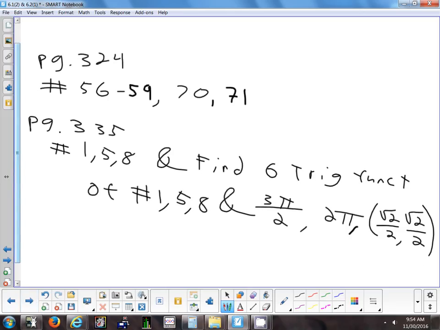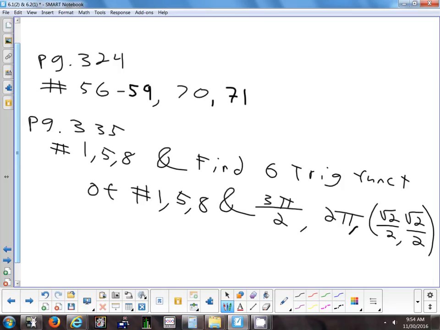All right, so the homework on page 324: I want you to try 56 to 59, 70, and 71. So just 6 questions on that page. And on page 335, there's only 3 questions from the book. I want you to do 1, 5, and 8. Follow the directions they ask you to in the book. And I want you to do something else with those questions. I want you to do what we just did in the last 3 examples.